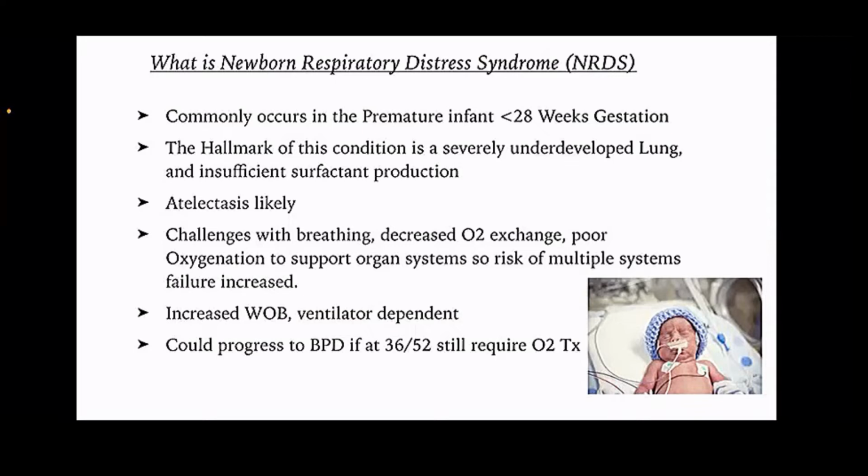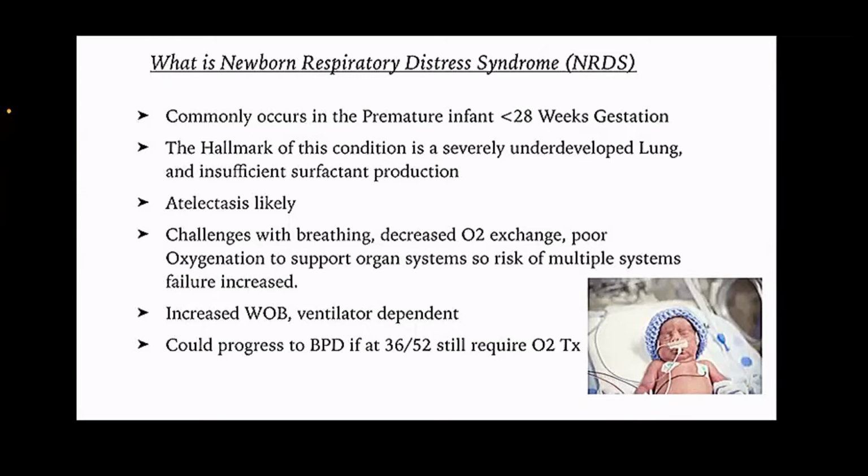And if you recall from the image that we had, at this point, surfactant really would just not be enough for these babies. And so what is likely to happen is that atelectasis is highly likely. They will likely have challenges with breathing, decreased oxygen exchange, and because of this, poor oxygenation to support the organ systems.